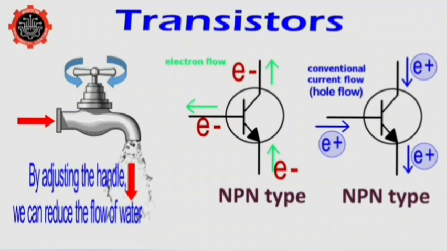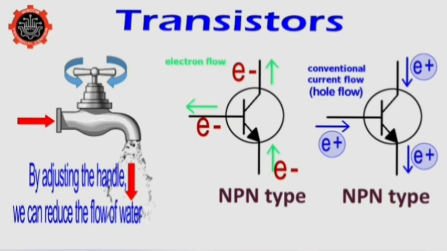So by adjusting the handle, we could either increase or decrease the velocity or the speed of flow of water. Same for transistors. By adjusting the voltage on a transistor, you could either increase or decrease the flow of current walking through it.